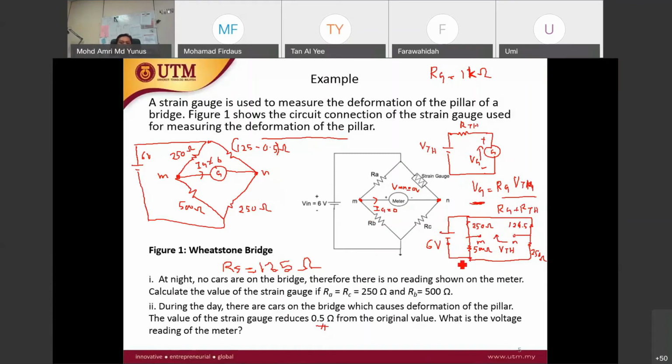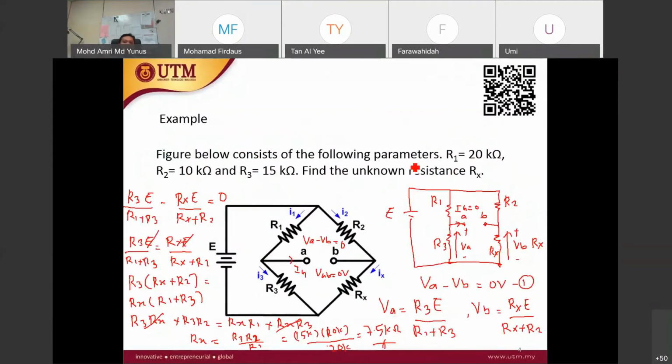I'm not going to solve it because basically this is missing information. This question needs to give the internal value of RG. You cannot use this relationship when the bridge is not balanced.